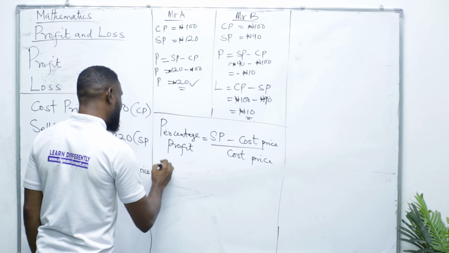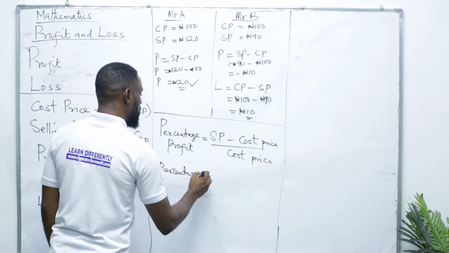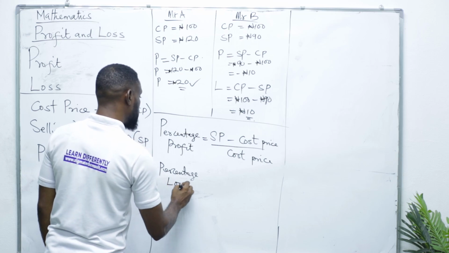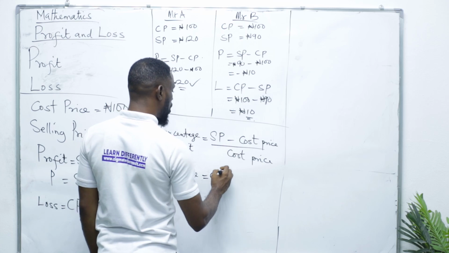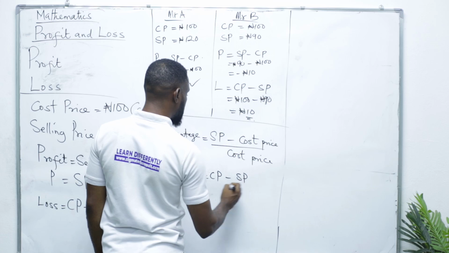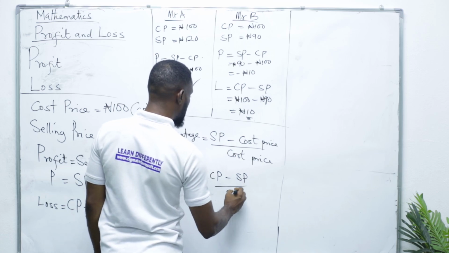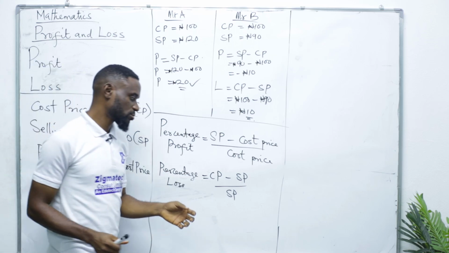Percentage loss, this will make sense to you when we begin solving, is equal to cost price minus selling price, all over selling price. This is for percentage loss.